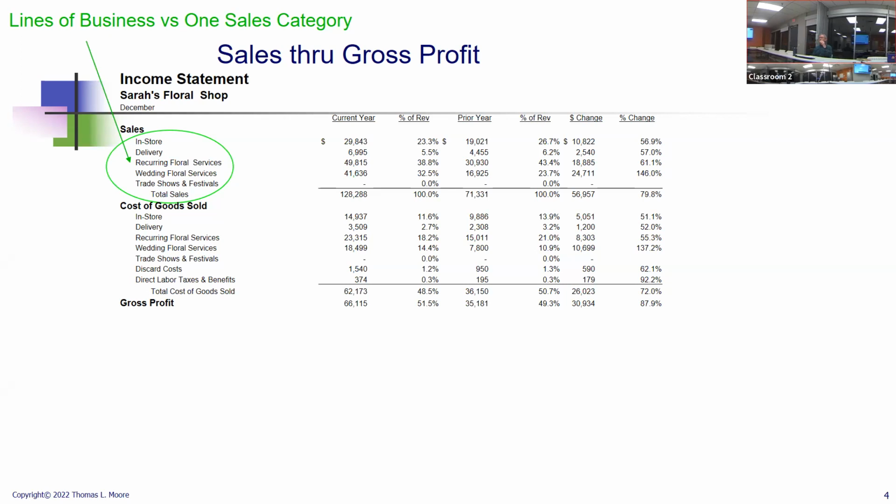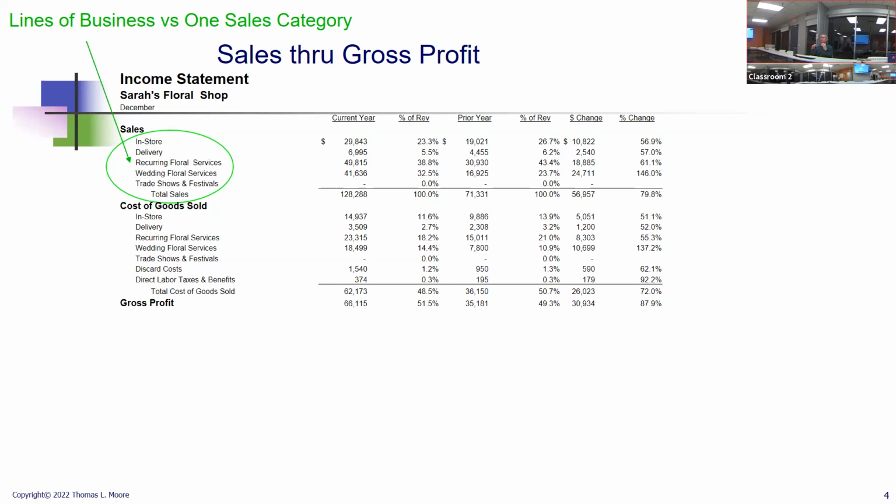Then in sales, you see the lines of business. So we've got a line of business for in-store. We've got a line of business for delivery. We've got lines of business for reoccurring floral sales, wedding floral sales, trade shows, those kinds of things.